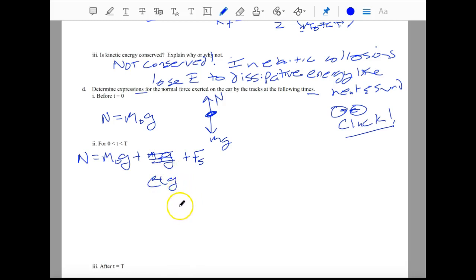Now we've got to calculate Fs in terms of the sand's change in momentum. Fs is equal to the change in momentum over the change in time. That is equal to the change in mass over the change in time times the velocity in the y. Remember we said m over t is C, and then we multiply that times velocity in the y direction.